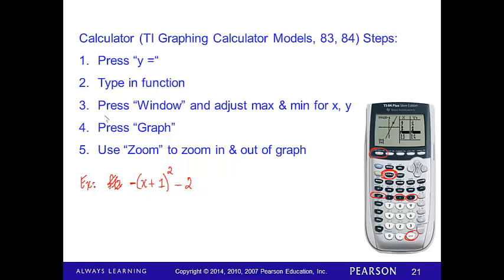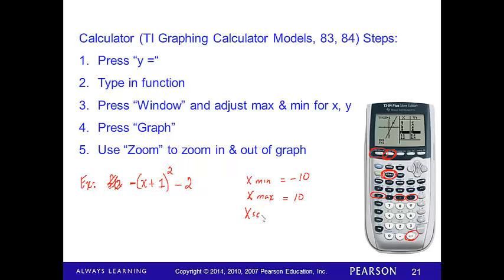Now, let's go ahead and adjust your window. So next to your y equals is your window button. Go ahead and press your window button. Your window should have a default with an x min of -10, an x max of 10.